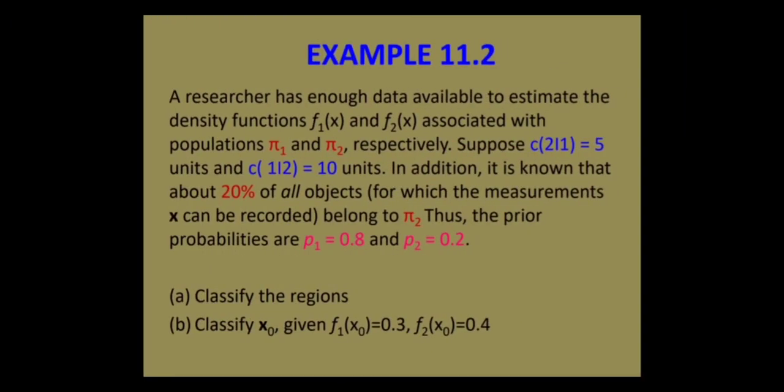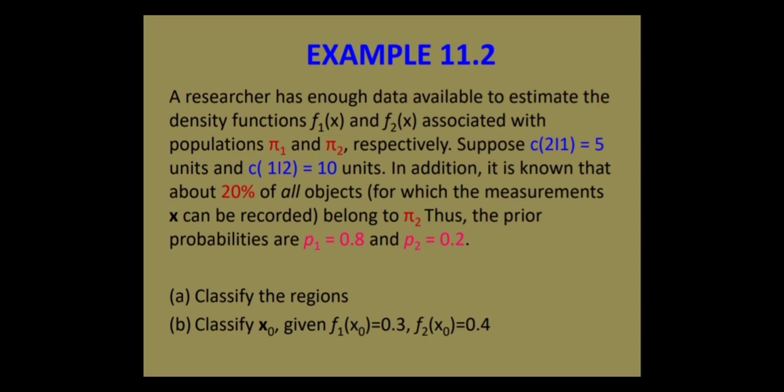Contohnya, for example, page 583, example 11.2. Okay. A researcher has enough data available to estimate the density functions f1(x) and f2(x) associated with the populations pi 1 and pi 2.